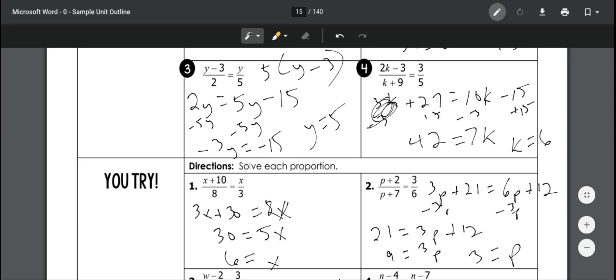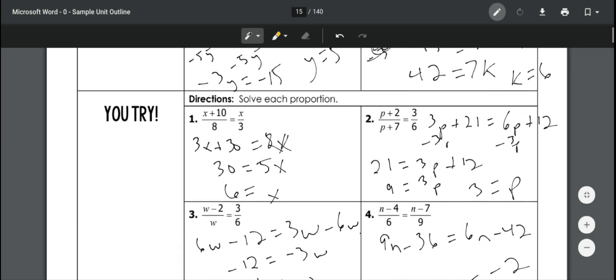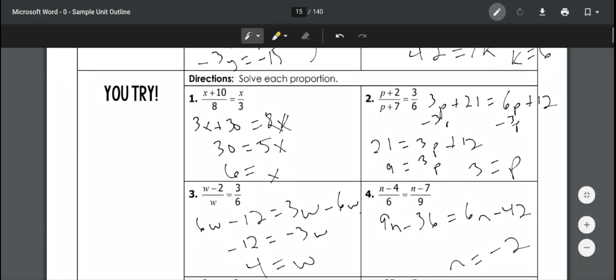Pause it if you need to. 3 and 4 are right there. Number 1, make sure you minus the 3x. Otherwise, if you minus the 8x at first, you're going to get confused.